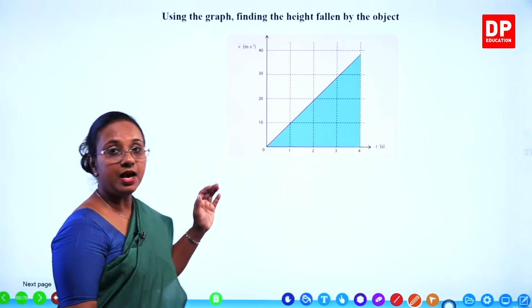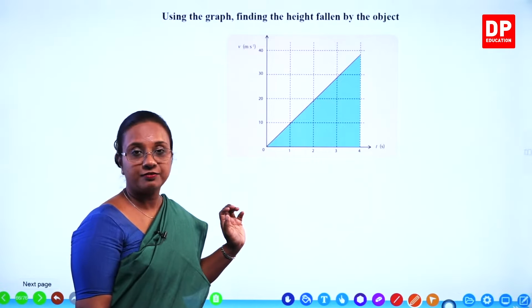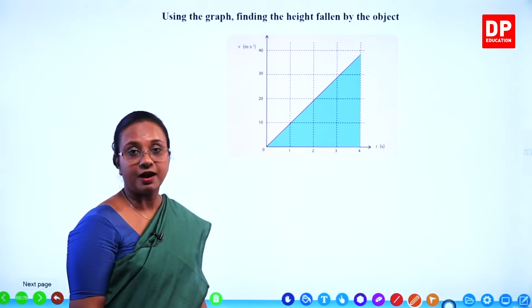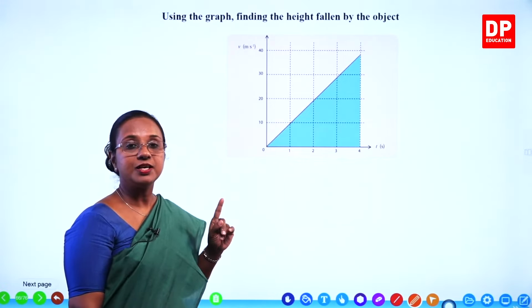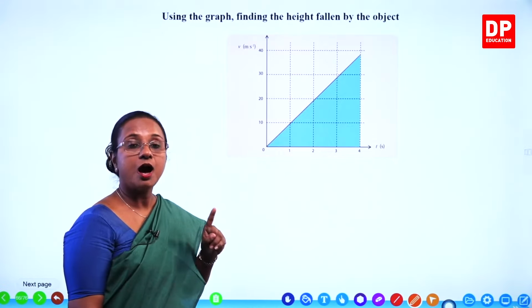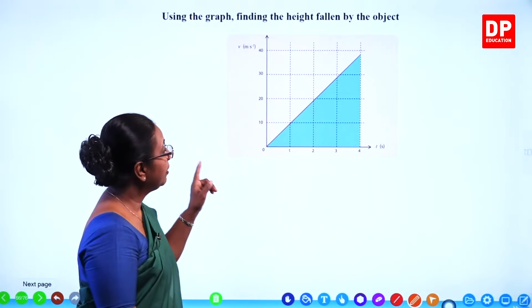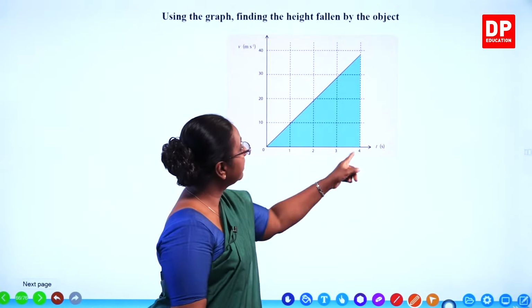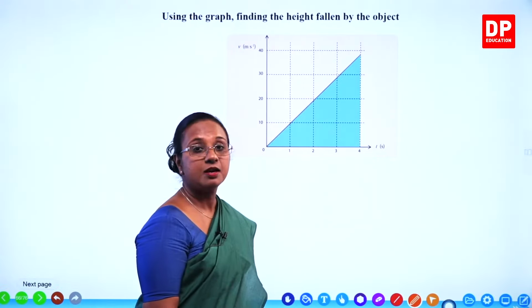Now we will see how we can find the height from which the object fell using the graph. Remember students, we have done this calculation before. This is a velocity time graph. How do we find the displacement? Yes, we calculate the area under the curve of the velocity time graph.